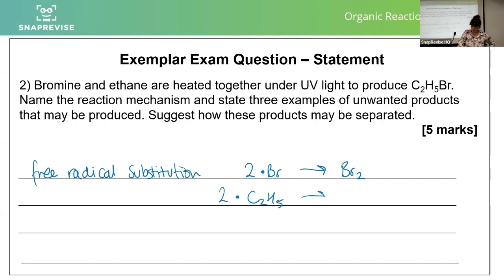If I have 2 of those, that's going to produce an unwanted side product, C4H10. Or you could write the full structural formula for it as well, if you wanted. So C4H10, that's another unwanted side product.